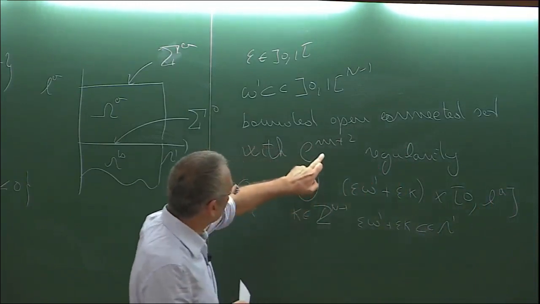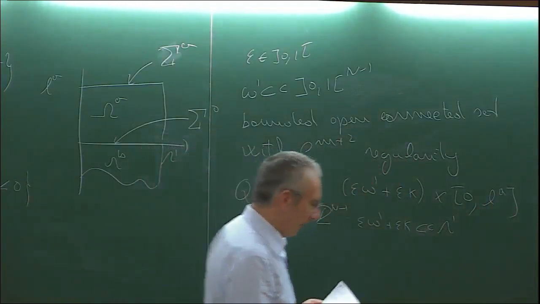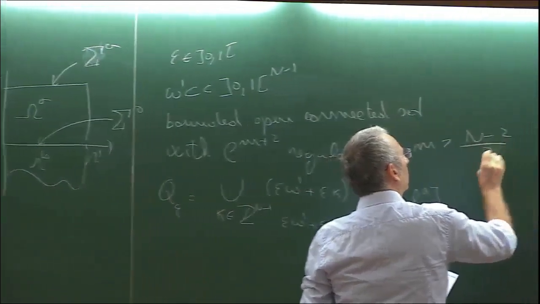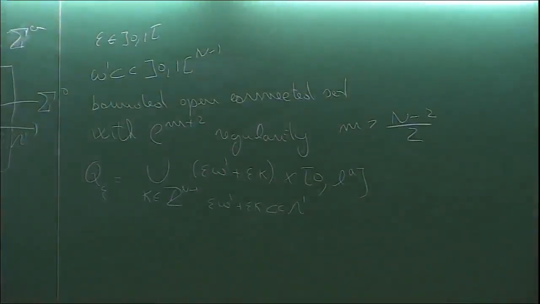Excuse me, here C^(m+2) regularity with m greater than (n-2)/2. I forgot this.